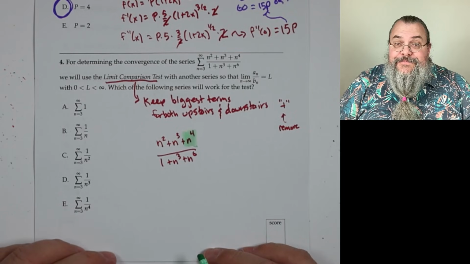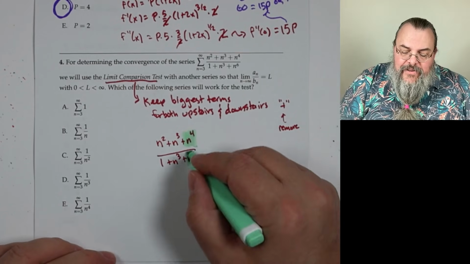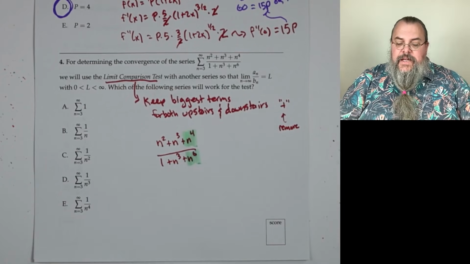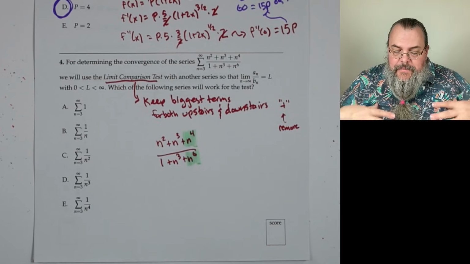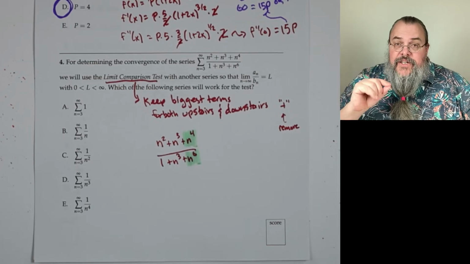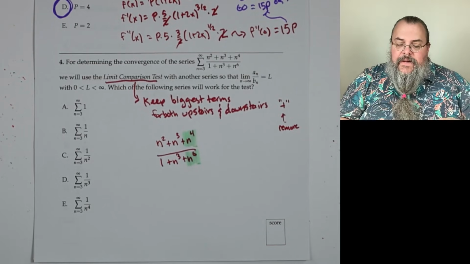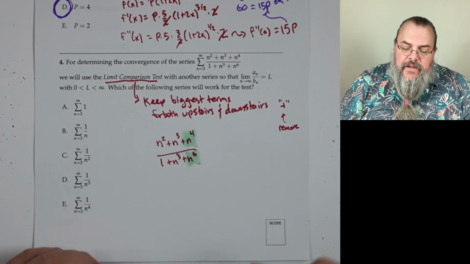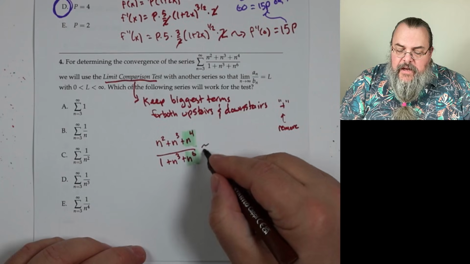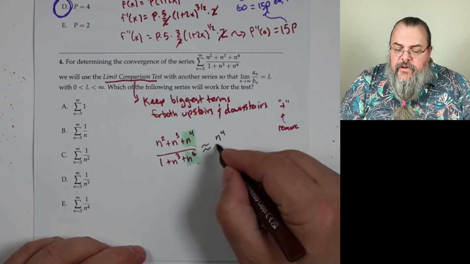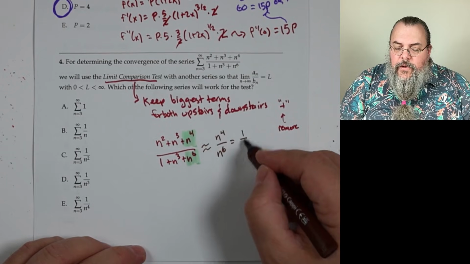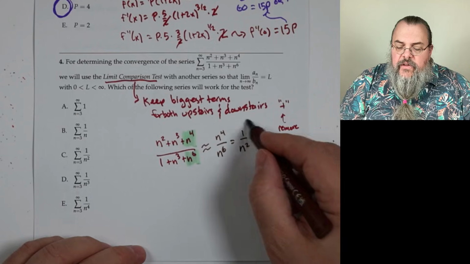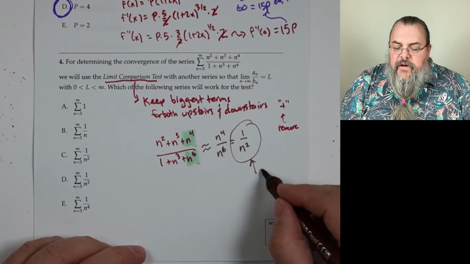What's the biggest term? n to the sixth. And now the limit comparison test says just keep the highest growing terms, and that's what it behaves like. So this is approximately n to the fourth over n to the sixth, or if you simplify, 1 over n squared. So this is what we compare it to.